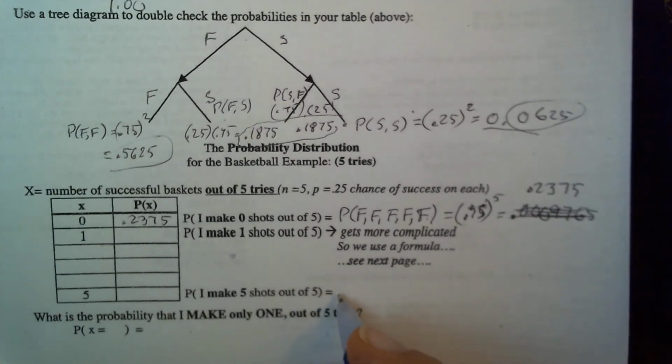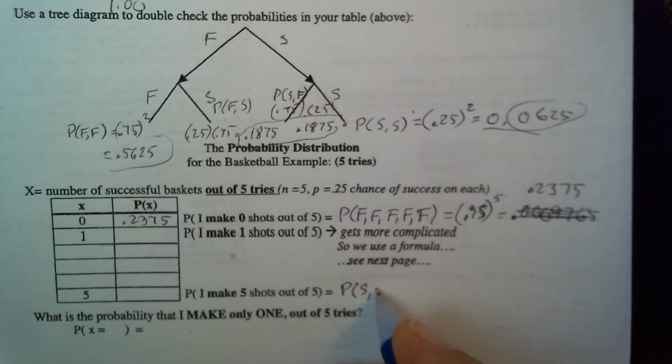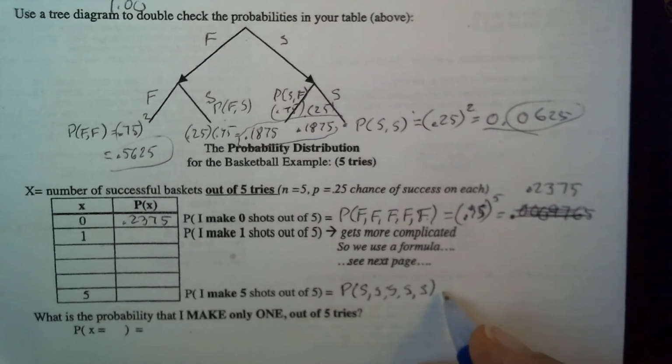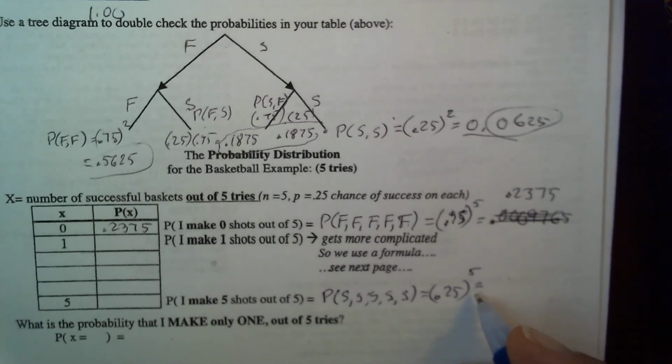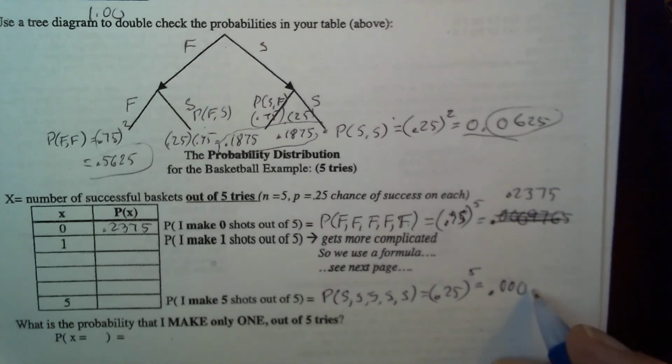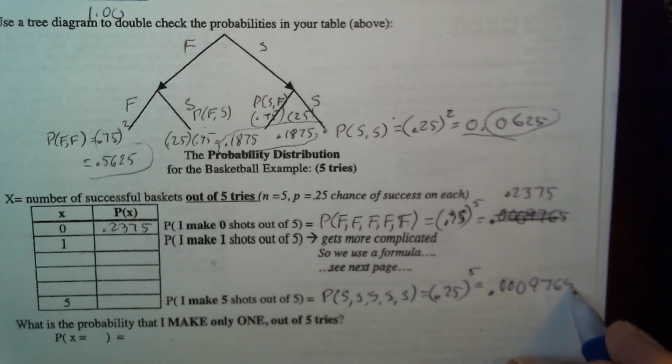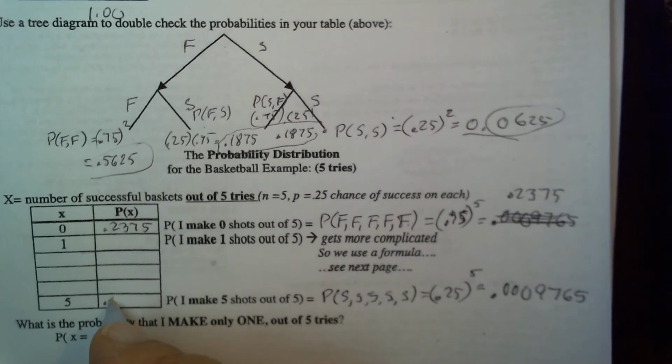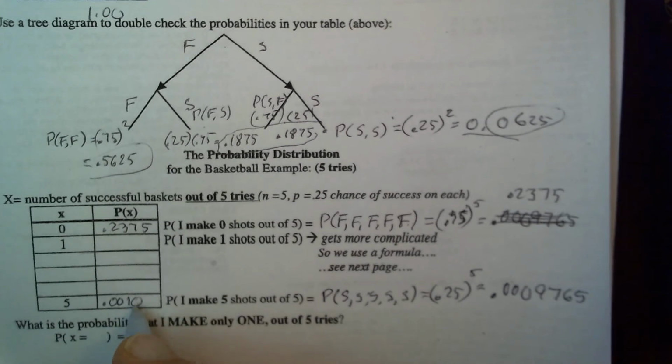It would be the probability of 5 successes, and that's equal to 0.25, again the independent events, so we raise that to the 5th power, and that is equal to 0.0009765, so about 0.0010.